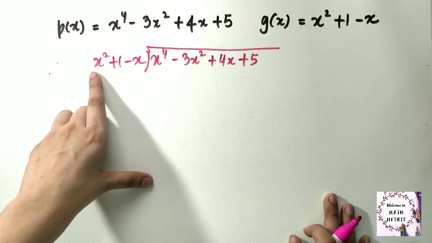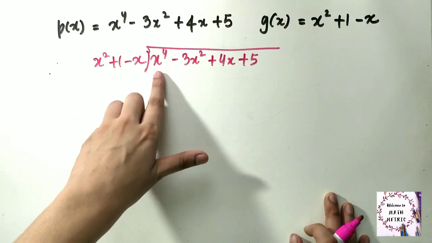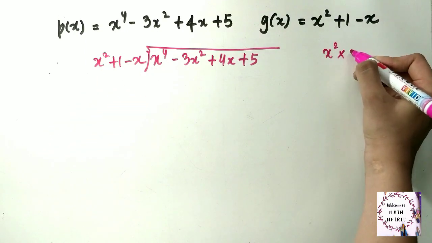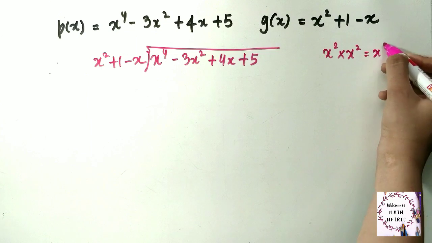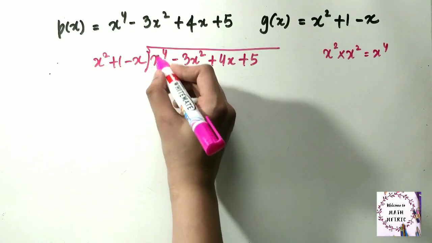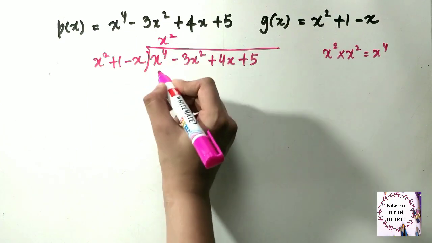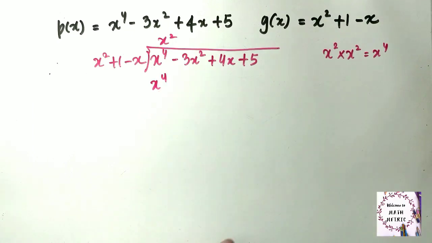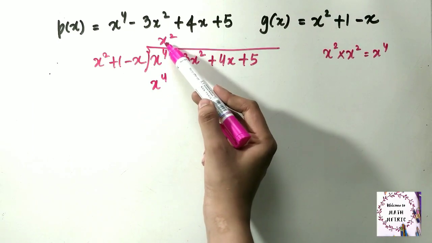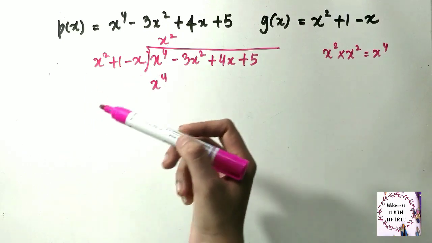By which quantity should x square be multiplied to get x to the power 4? X square into x square gives us x to the power 4. So we write x square multiplied by x square gives us x to the power 4. Now simply we'll multiply x square by the remaining terms.